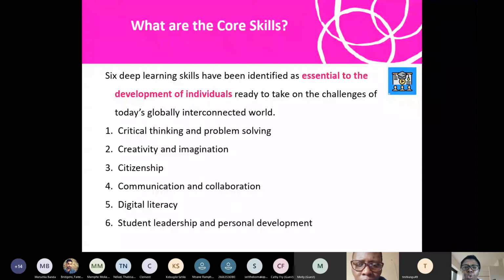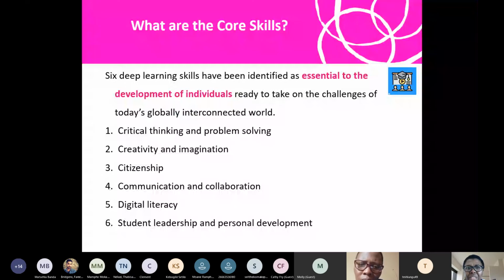Then we moved on to citizenship. And in terms of citizenship, one of the things that you were exposed to in the past weeks was global awareness. And global awareness made you reflect on yourselves as citizens of Lesotho, and at the same time reflect on your partnerships and understand them.